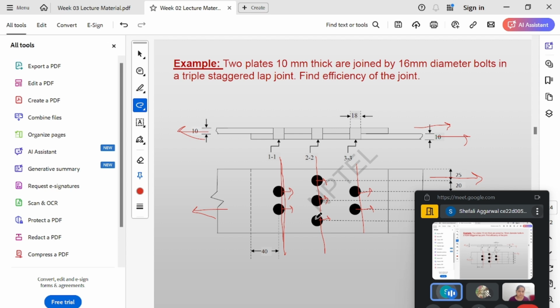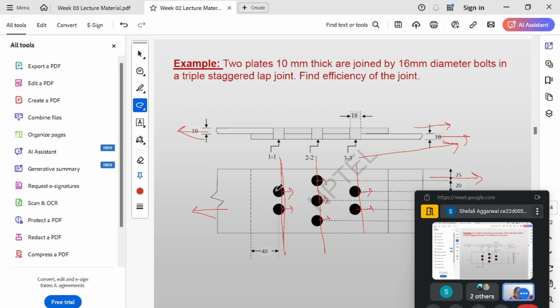I was not able to be convinced: if you're going for plane 3 or plane 2, why are you considering the bolt values of the previous plane? Yes, there is some effect because of these bolts. If this plate is going in this direction and the other plate in this direction, these bolts simply have their own load.